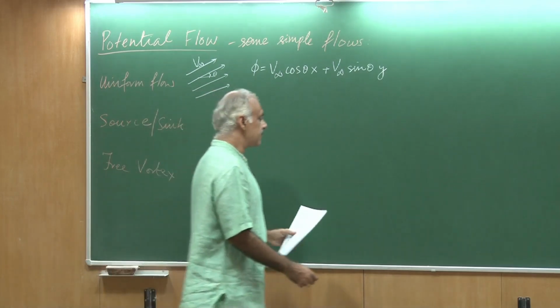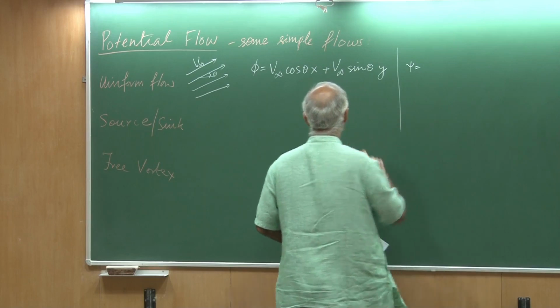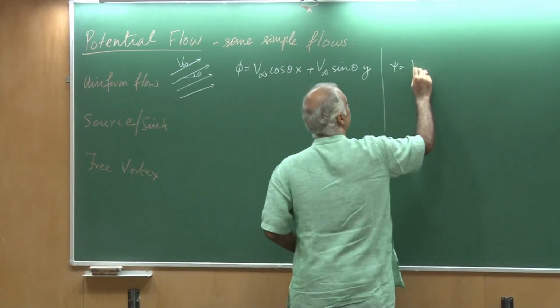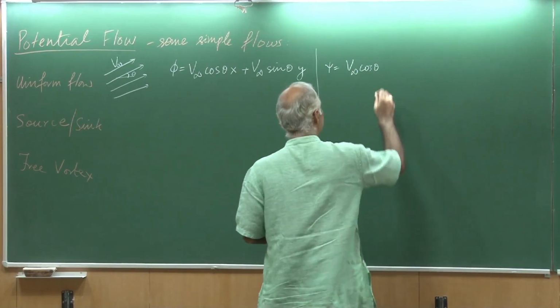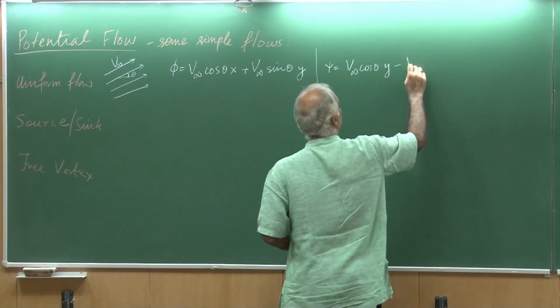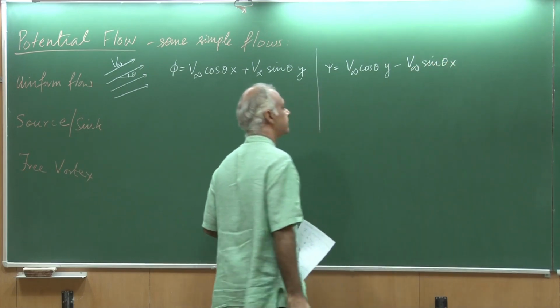And the stream function psi for the same flow can be written as v infinity cosine theta y minus v infinity sine theta x.